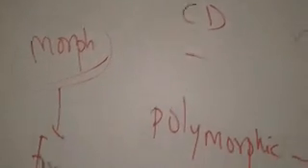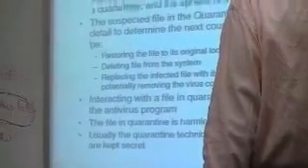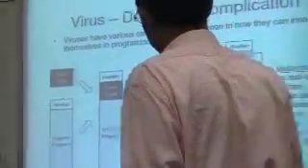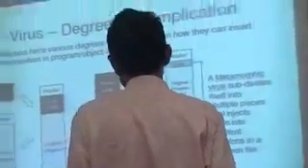Form. Form means different shapes or different ways you can assume things. Okay? So a virus will try to get into different forms to basically confuse an antivirus scanner.